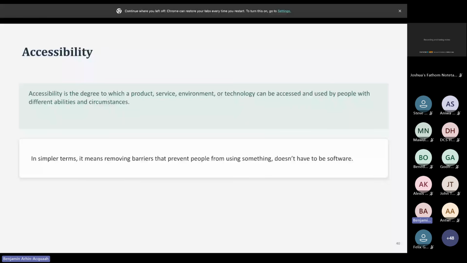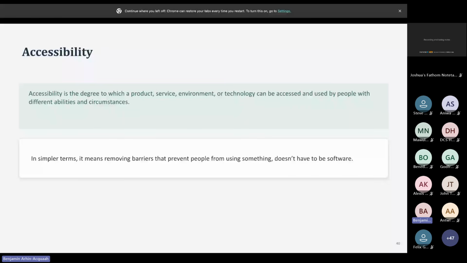Accessibility is the degree to which a product, service, environment, or technology can be accessed and used by people with different abilities and circumstances.